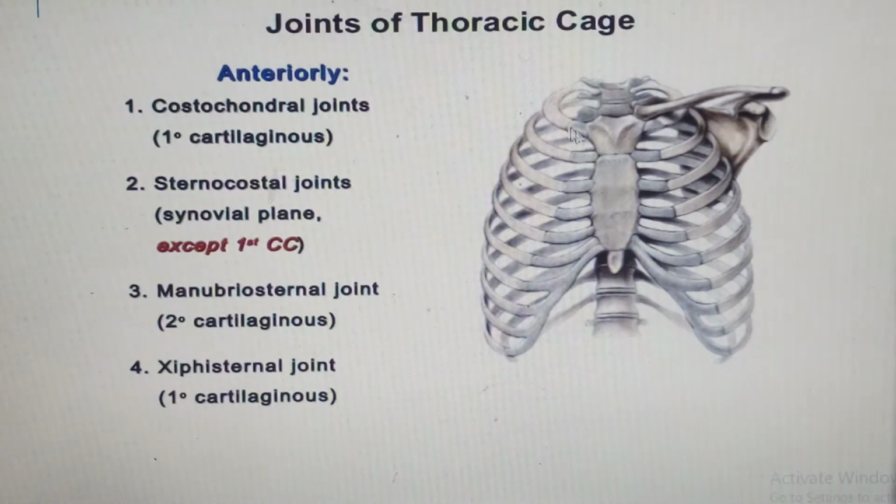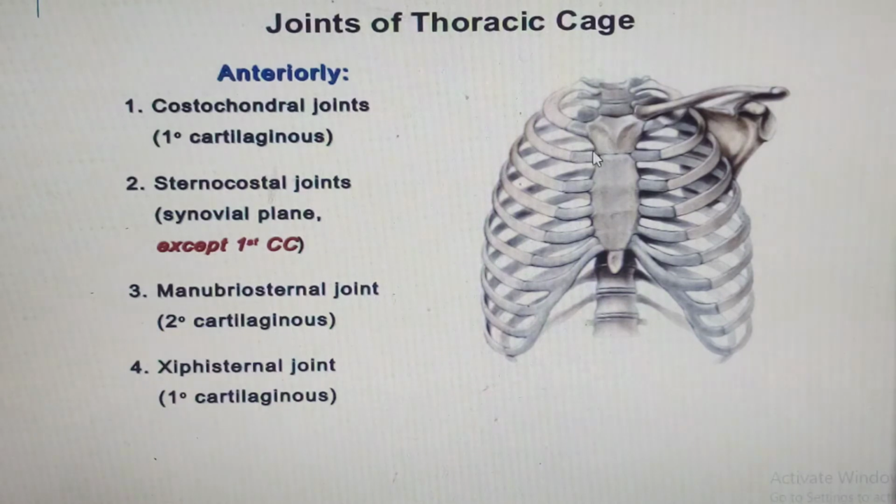But the first, between the manubrium and the medial aspect of the first costal cartilage, is actually a primary cartilaginous joint, which will not really permit any movement. Please, you have to understand this. The lateral aspects of these costal cartilages articulating with the anterior aspect of these ribs: costochondral joint, therefore hyaline cartilaginous, that's primary cartilaginous, or synchondrosis.